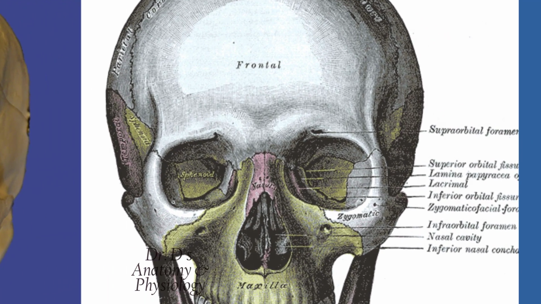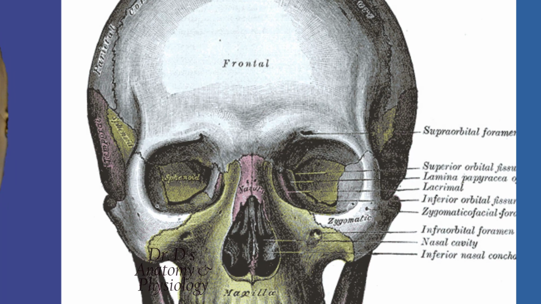So if we zoom in to the Gray's figure, you'll notice that there is a feature that we find above the orbit, which is referred to as a supraorbital foramen. And if you look at the left eye, above the left orbit, you'll see it is indeed a foramen.